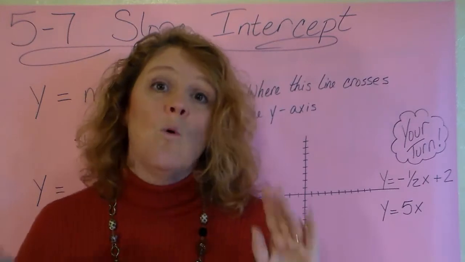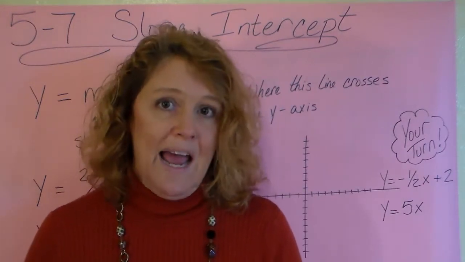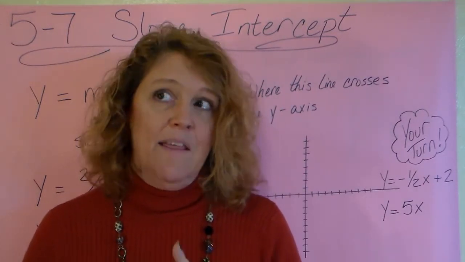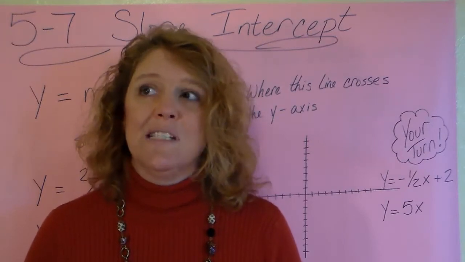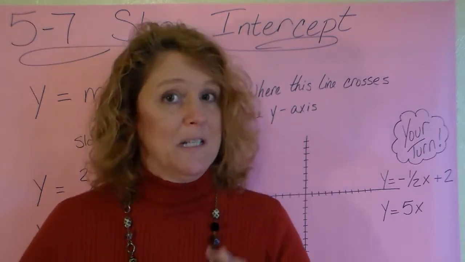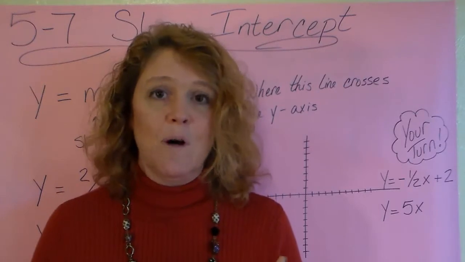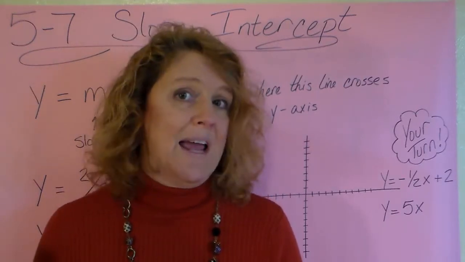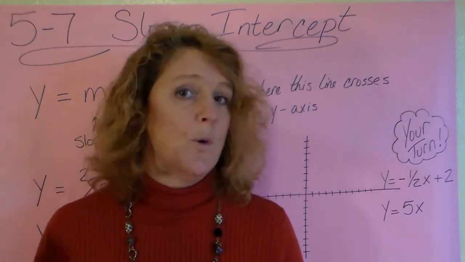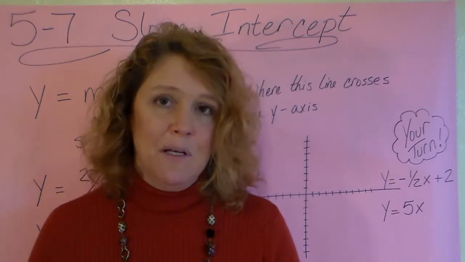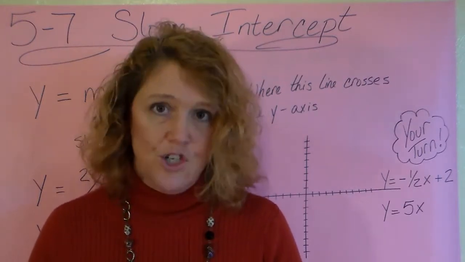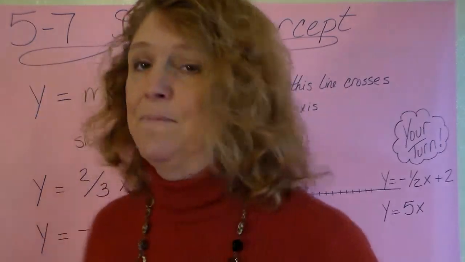Doesn't matter. Wherever it crosses the y-axis, that's where your y-intercept is. So it doesn't have to be a point. It doesn't have to be 0, comma, something in parentheses. It'll just tell you the y spot. So it can do it with one number, and you can manipulate your equation so that you can find this.